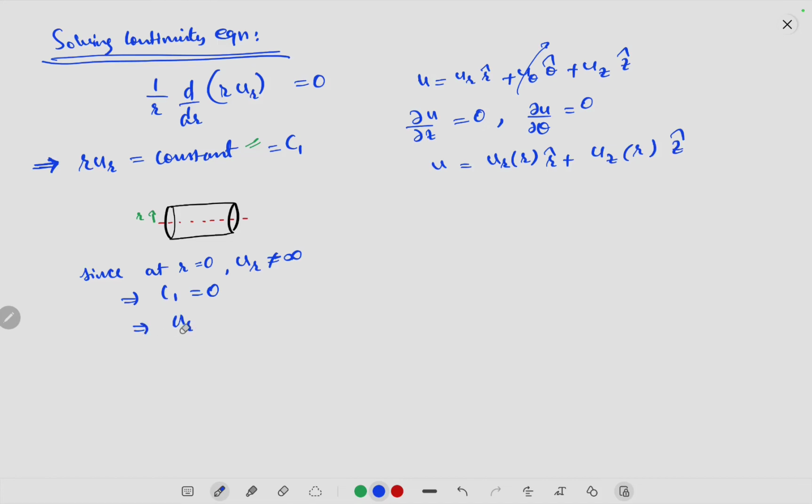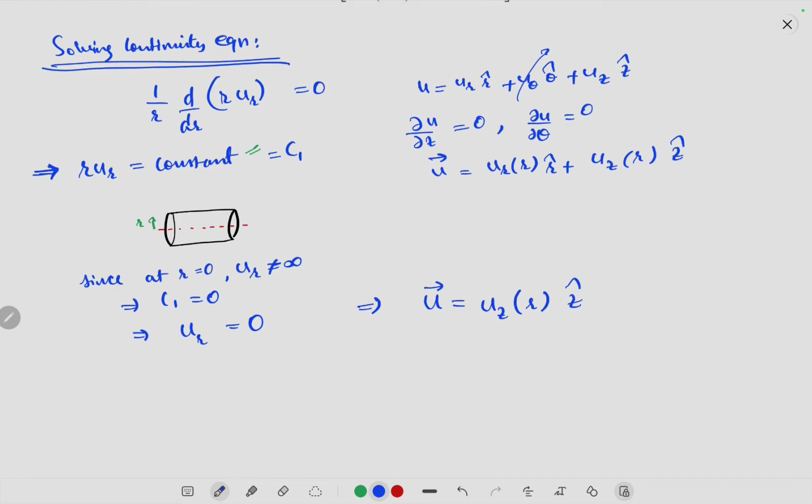So from the continuity equation we get u_r equal to 0. And since u_theta is already 0, this implies my u vector will only be u_z, which will be a function of r, z hat. So this is what I get by solving the continuity equation.